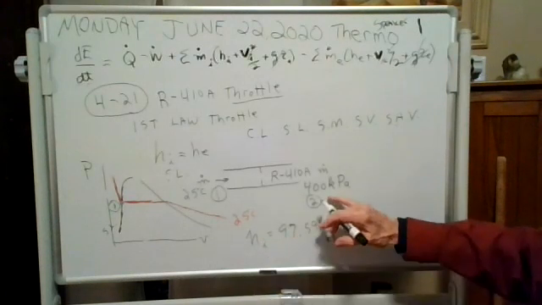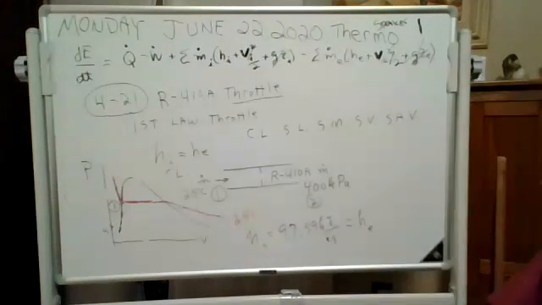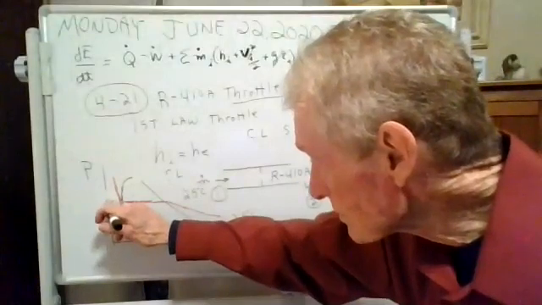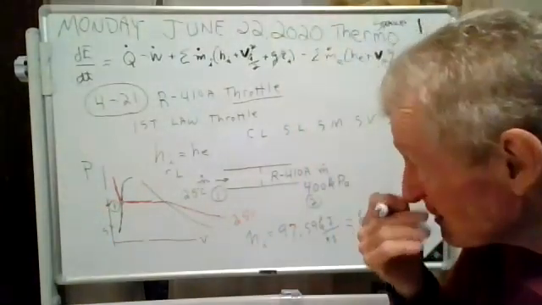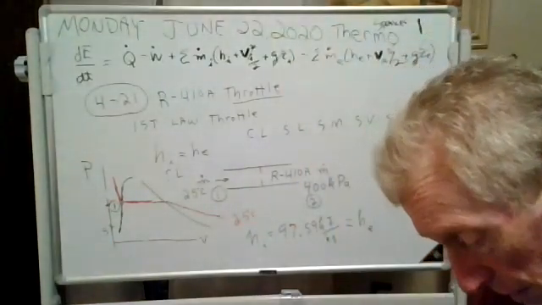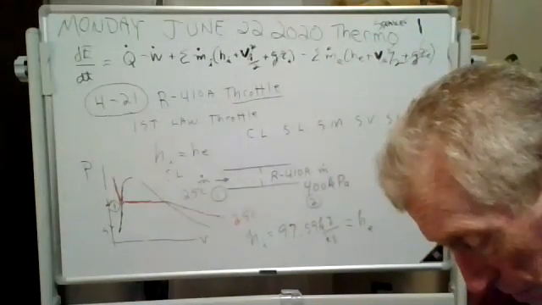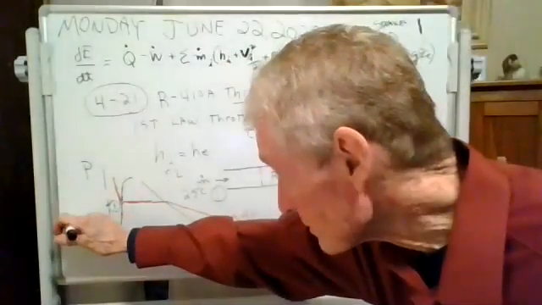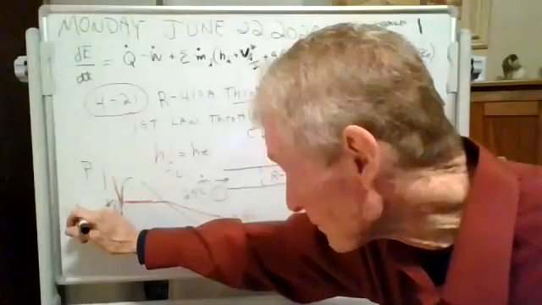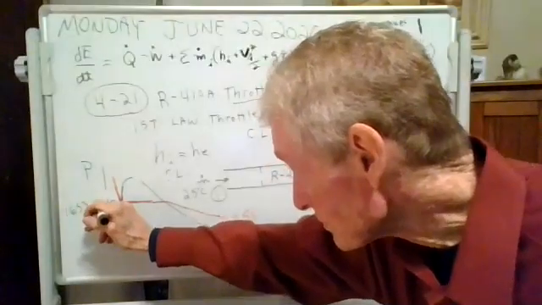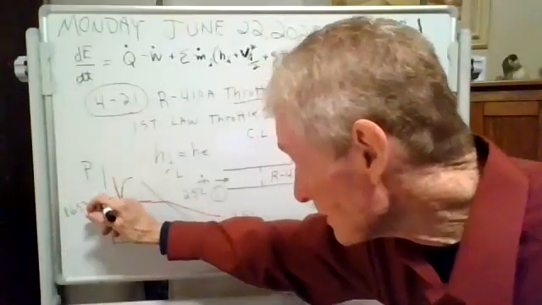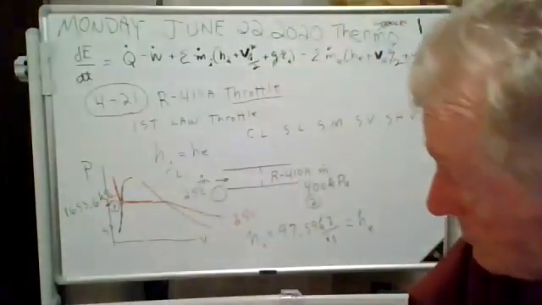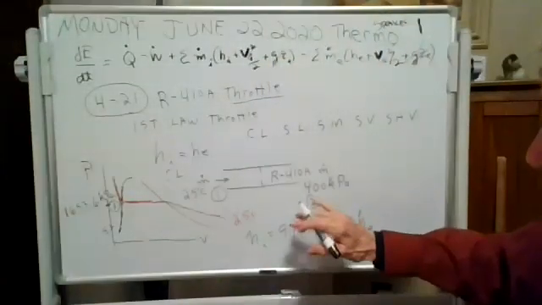Now, we also know that this is at 400 kilopascals. Well, I'm curious, what is the pressure at state 1? Let me find that. That pressure is 1653.6 kilopascals at state 1, but we're going to go to 400 kilopascals.